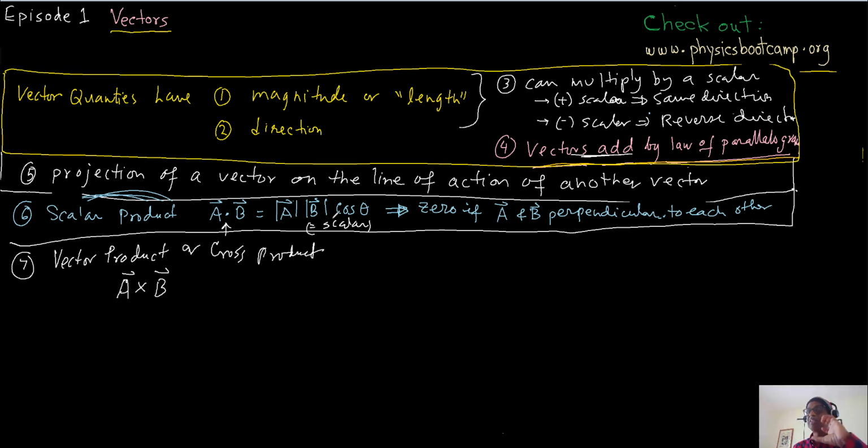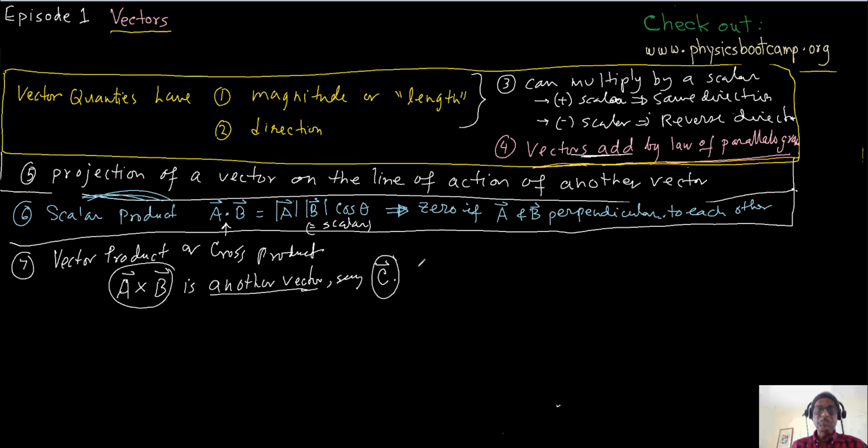With the vector product, you instead get another vector, say C. Okay, so which means I need to say, hey, when I do this, what's going to be this guy's magnitude, and what the direction of this vector will be like.